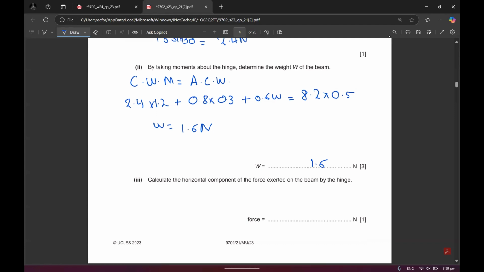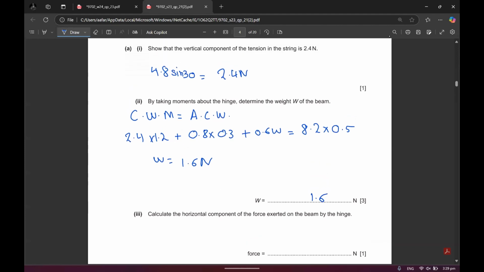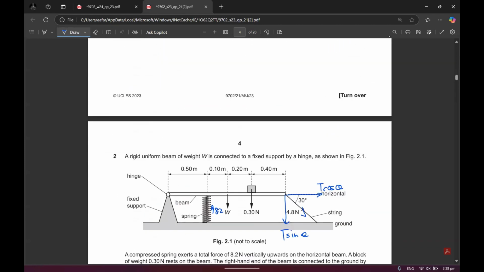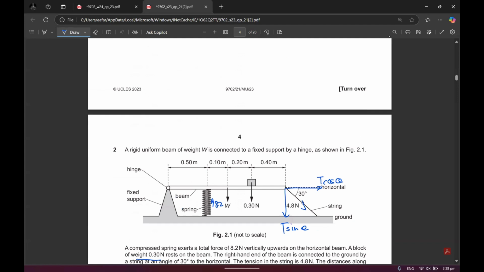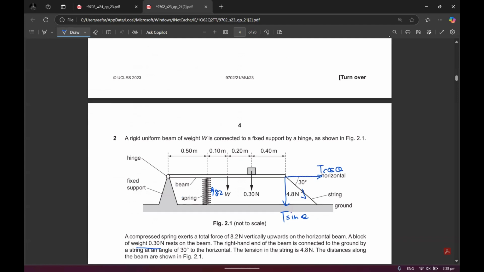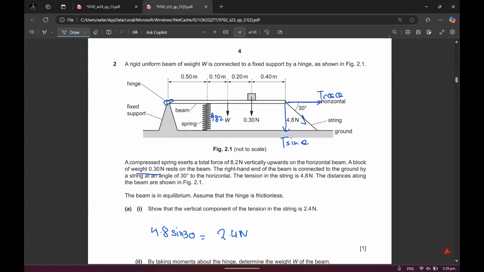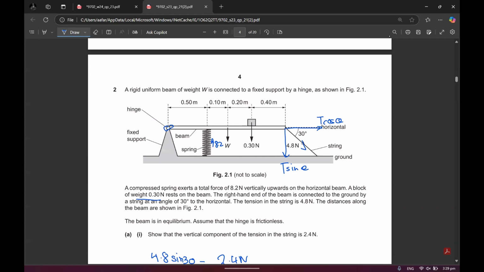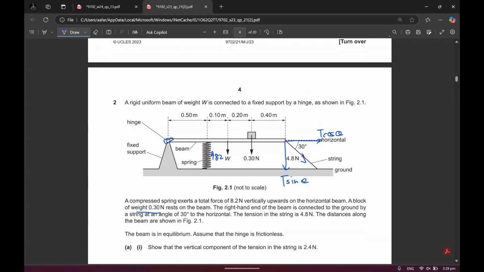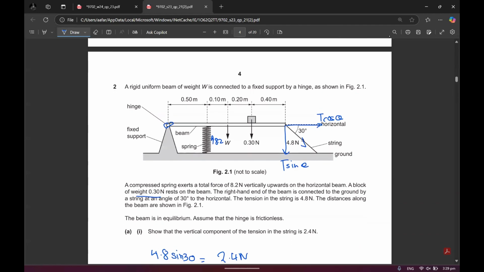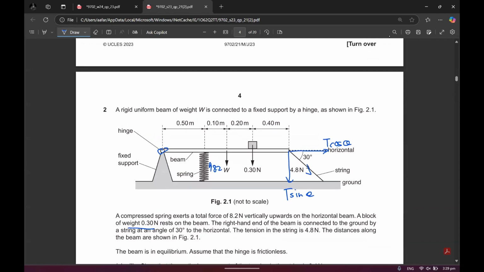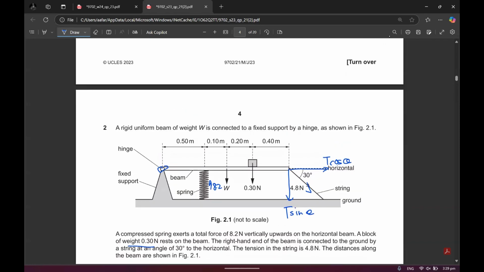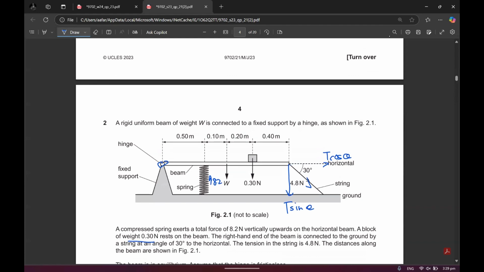Calculate the horizontal component of the force exerted on the beam by the hinge. Okay, so basically, we calculated the vertical forces over here.